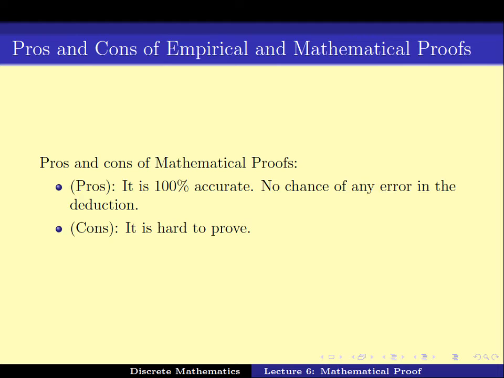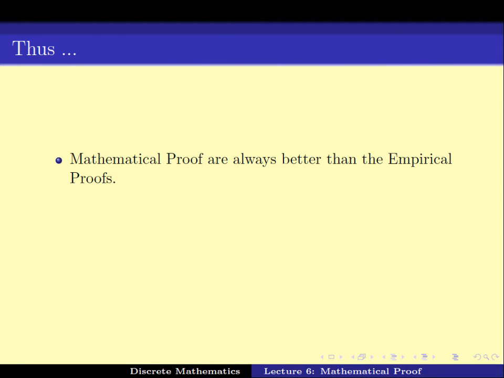But all said and done, at the end of the day, mathematical proofs are always better than empirical proofs because they give you 100% guarantee. And we would like to have a mathematical proof all the time for everything.